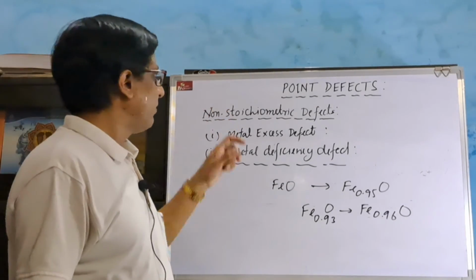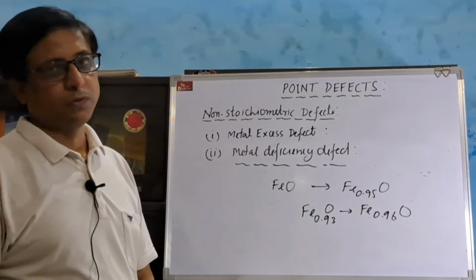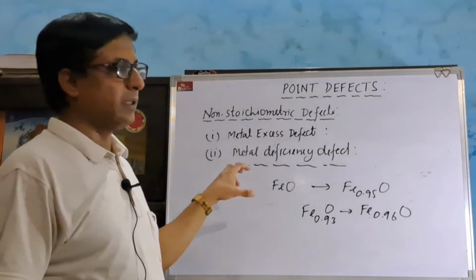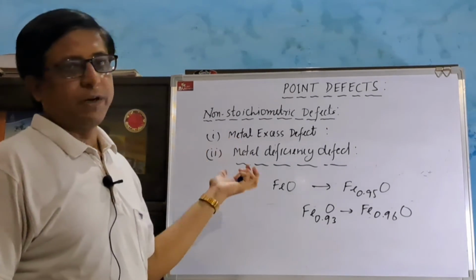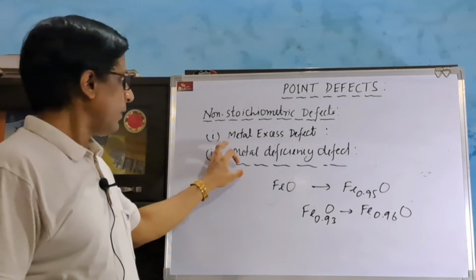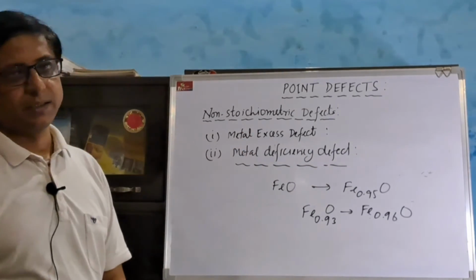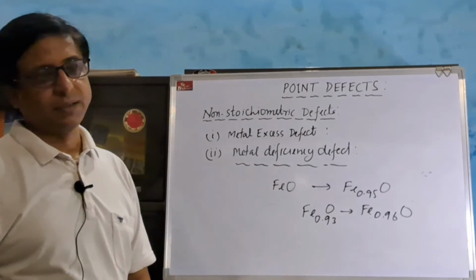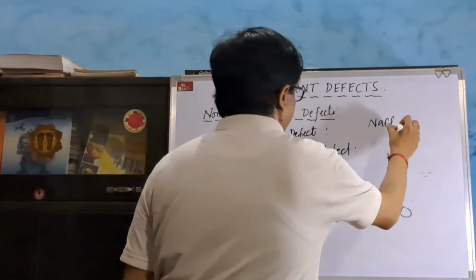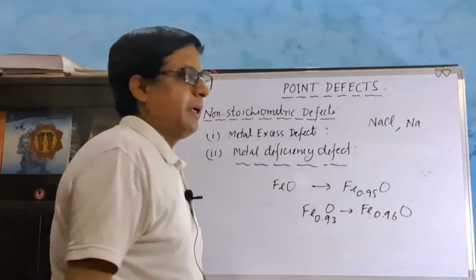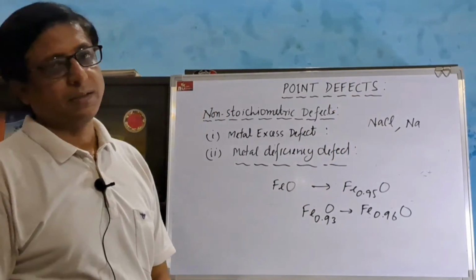So today we have discussed non-stoichiometric defect. In this defect, the stoichiometry of the solid is not maintained; the constituent particles are not present in the stoichiometric ratio, as is the case in stoichiometric defect or impurity defect. These defects can be of two types: metal excess defect and metal deficiency defect. Metal excess defect can be due to anionic vacancies. For example, sodium chloride, when heated in the presence of sodium vapor, imparts yellow color due to the presence of anionic vacancies.